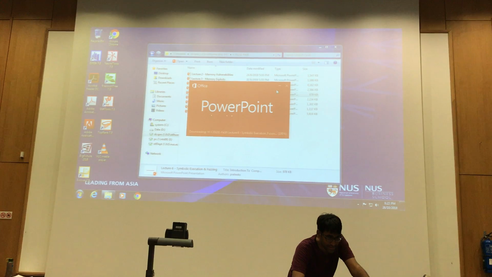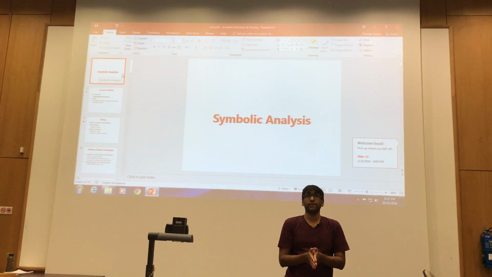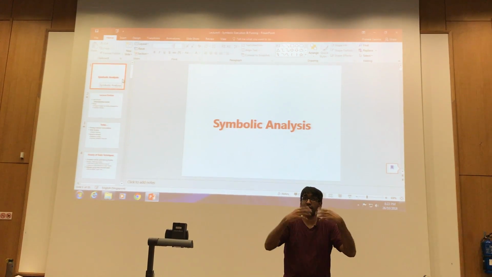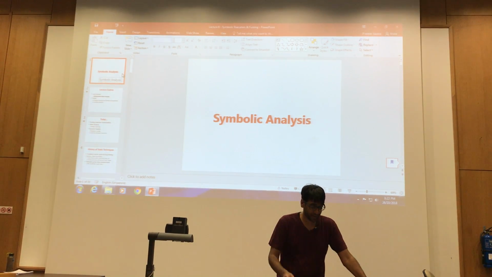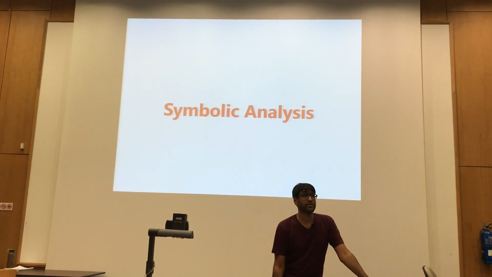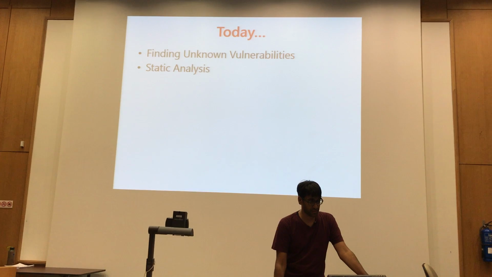So from the next lecture, I think we switch to doing analysis. Okay? And we did do a little bit of analysis in the previous lecture too, around taint tracking and type checking. So here, we looked at a specific technique called symbolic execution. It's a very, very popularly used technique.